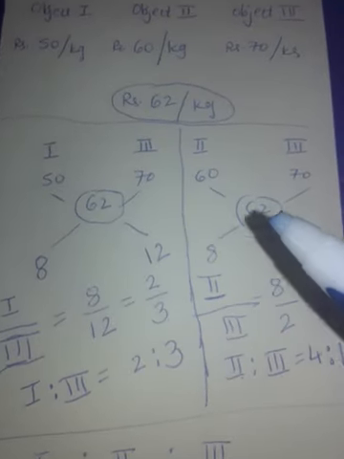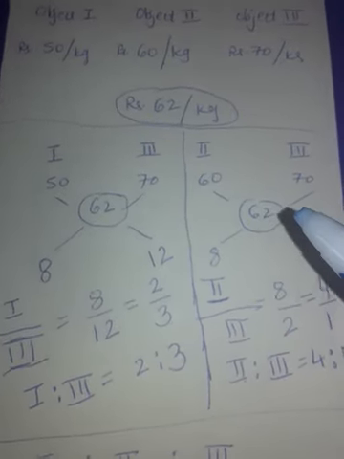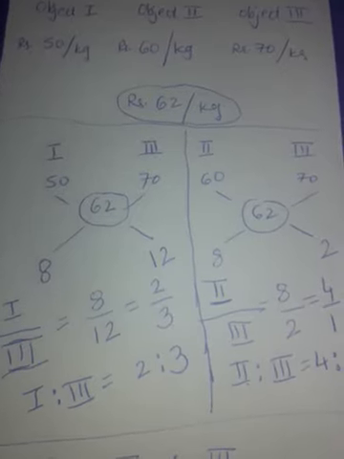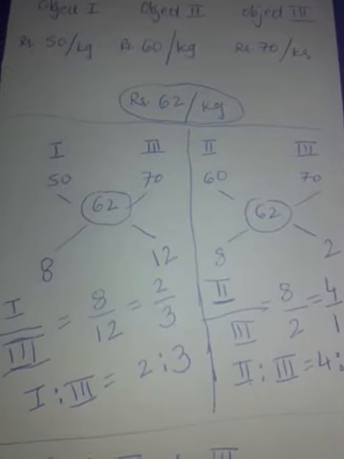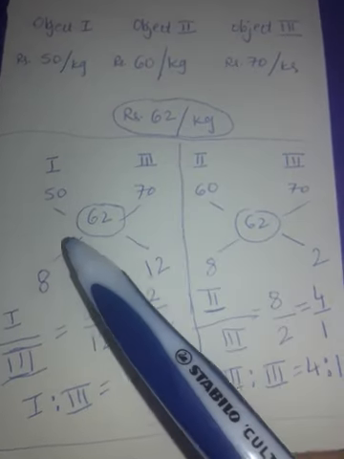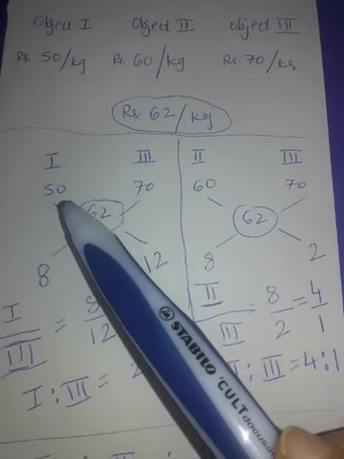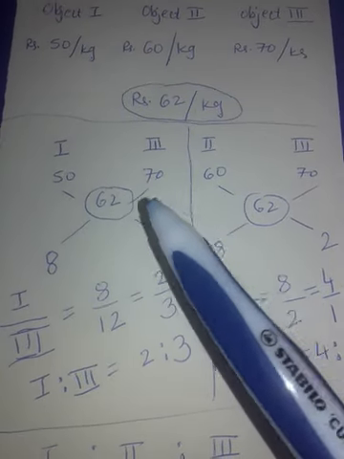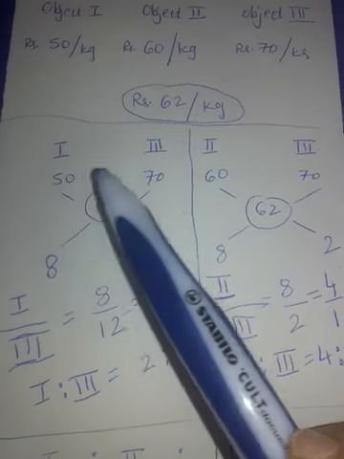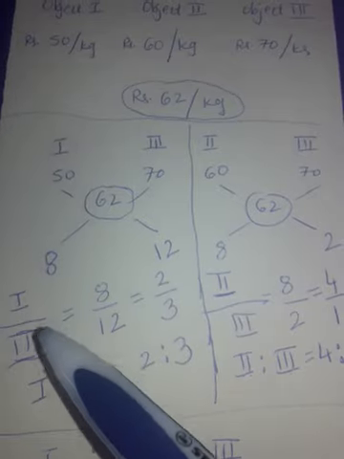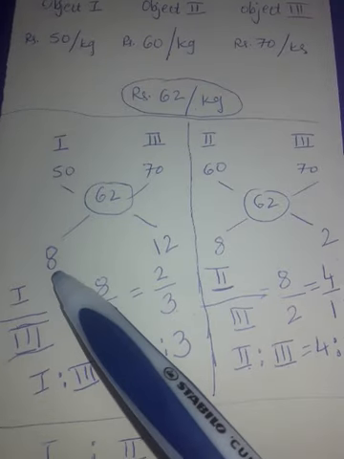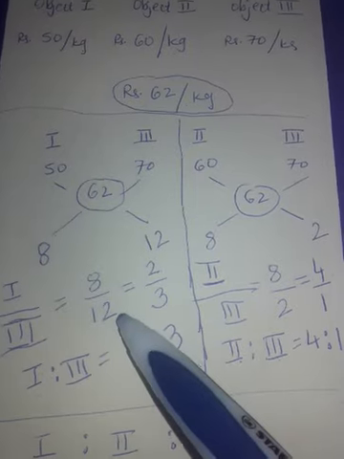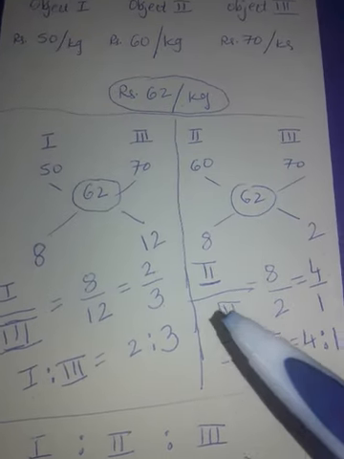So again it's my sincere request that you please watch the earlier clips, that is 32, 33 and 45. Now I am using the alligation rule with this pair 50, 70. Take their positive difference. So quantity of 1 upon quantity of 3 is going to be 8:12, that is 2:3. 8 upon 12 is the same as 2 upon 3.